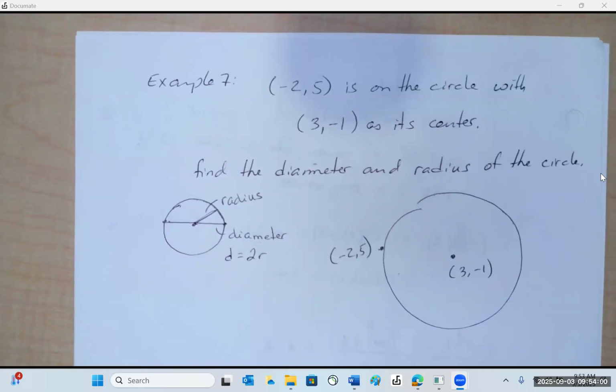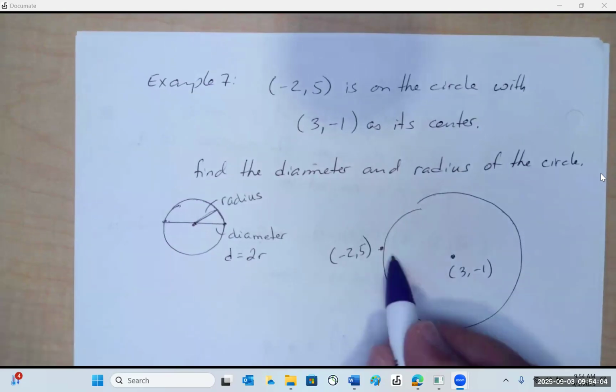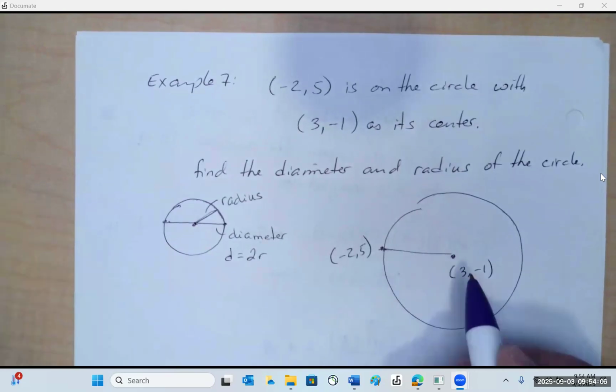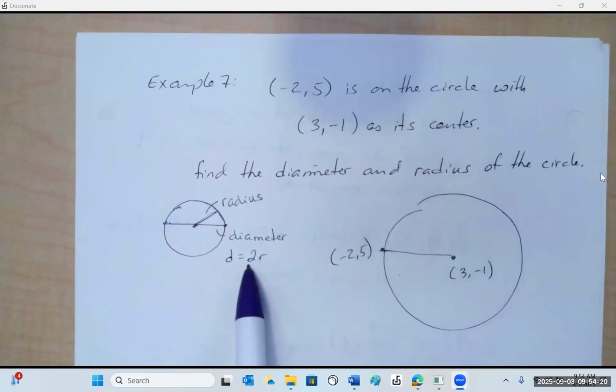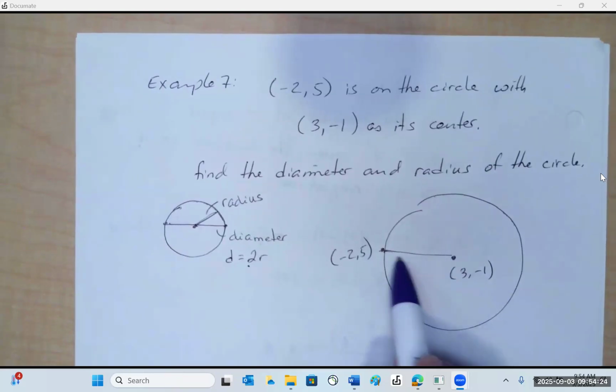The distance, yes. The distance from this point to the center. So we can use a distance formula with those 2 points. And that'll give us the what? The radius. How do we find the diameter? Double it. Yes. So let's find the distance between these 2 points.